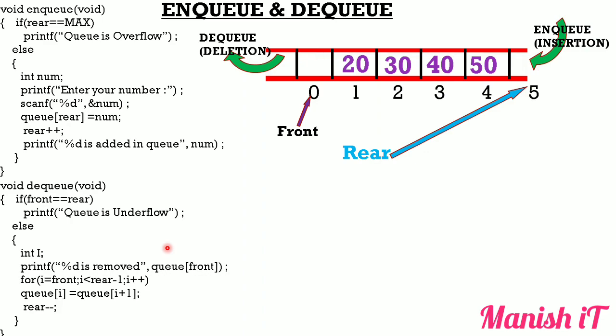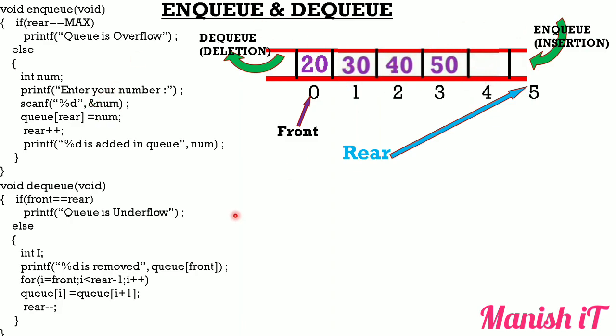Once an element is deleted, we have to insert 20 here, 30 here, and 40 here. That means we have to shift all these elements towards the 0th location. How can it be possible? See, 20 is entered, so after shifting all these elements, it looks like this.